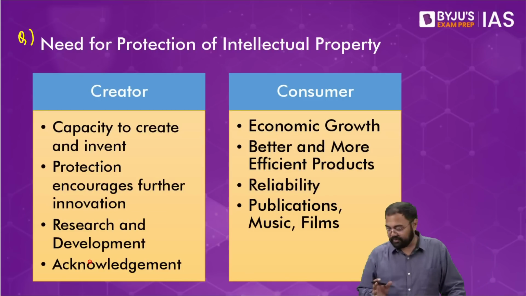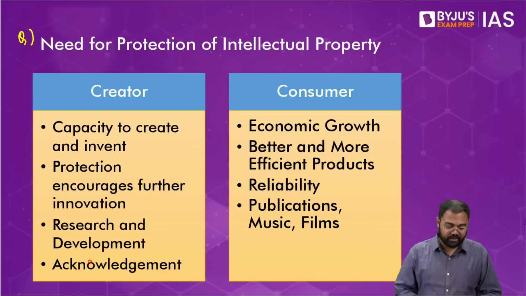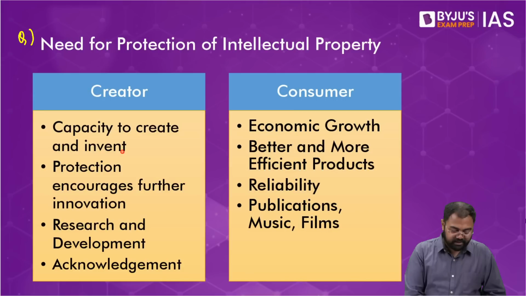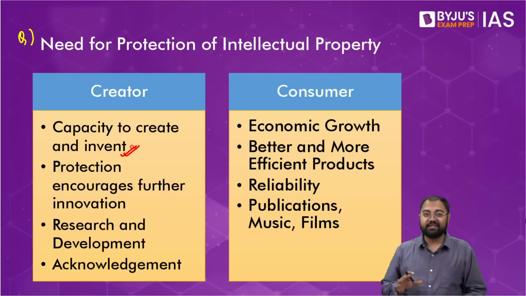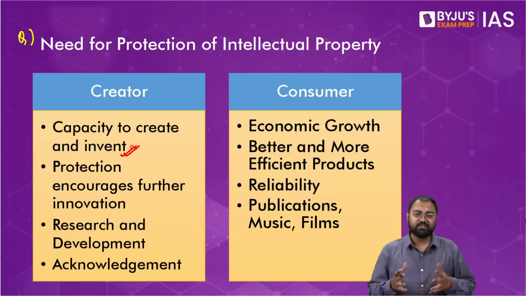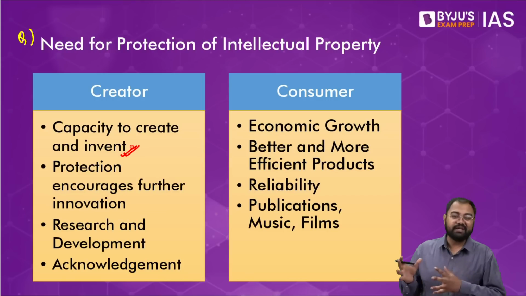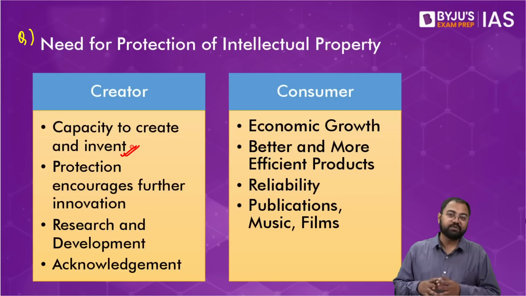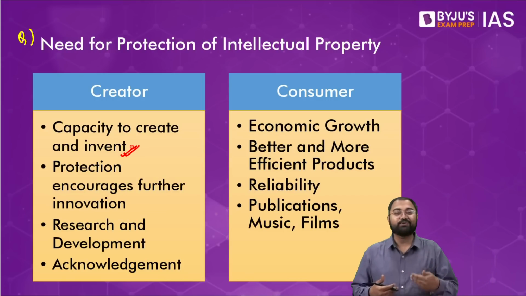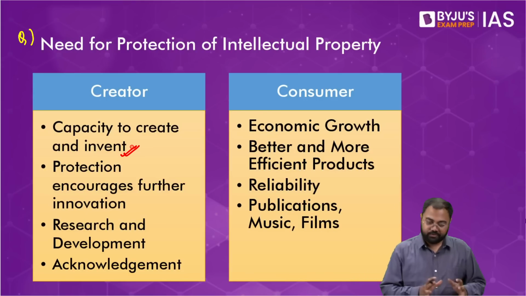So for the creator it becomes very crucial, as it will improve the capacity to create and invent, because the creator is protected. In this safe space that you are creating for them, they'll be able to do more, they'll be able to do better. So that's why for the creator.